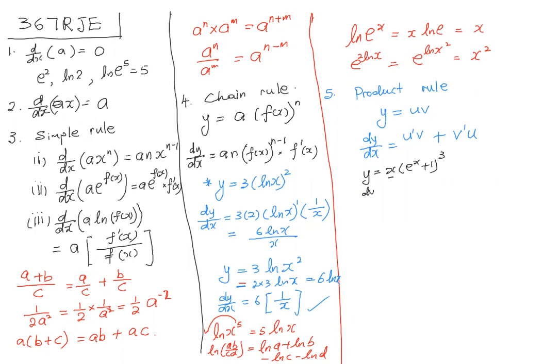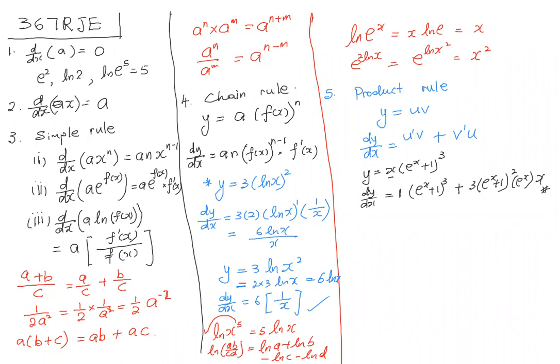So the dy dx, u prime is 1, v, plus v prime chain rule times u. So done. Usually for the first question they say you do not need to simplify your answer, so you don't have to simplify.